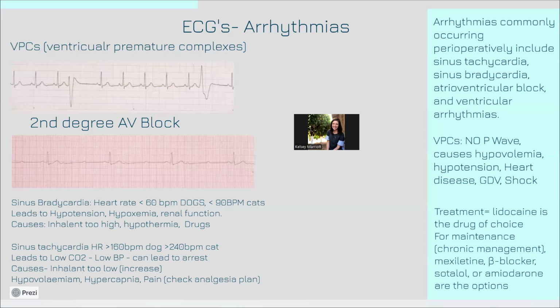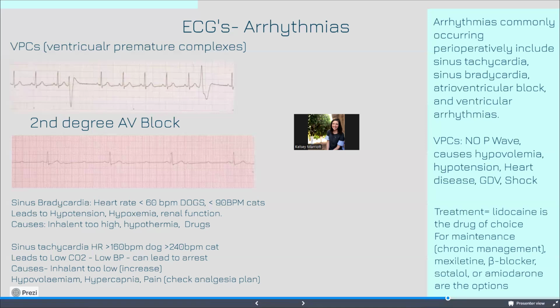A lot of times in my experience, we'll see sinus tach when they're getting really painful. This is where we can bring in our pre-med protocol drugs or redose them with a pain med like butorphanol, or we can turn them on gas very temporarily. It depends what your doctor feels comfortable with. But knowing that tachycardic means high heart rate and bradycardic means low is going to be very important when you're reviewing your terminology.